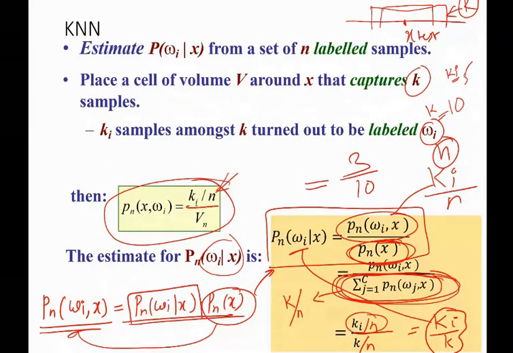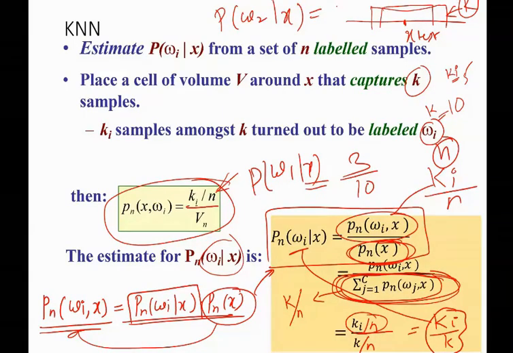Within the domain of K samples near x, that is 10, and suppose 3 are omega 1 samples, then your probability of omega 1 given x is 3 by 10. Obviously out of 10, the remaining 7 belong to class 2, so your probability of omega 2 given x is 7 by 10.